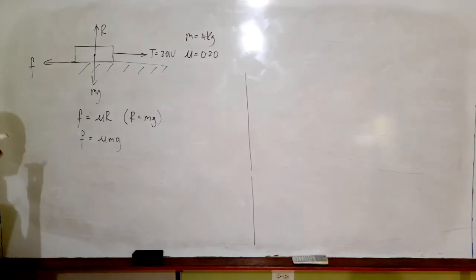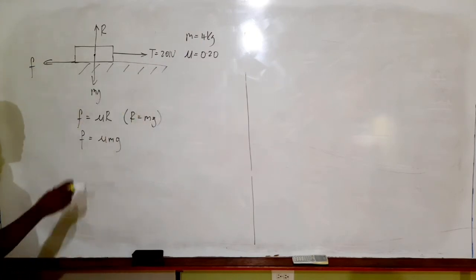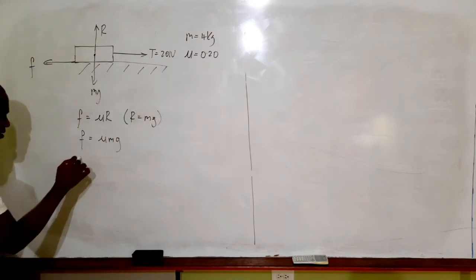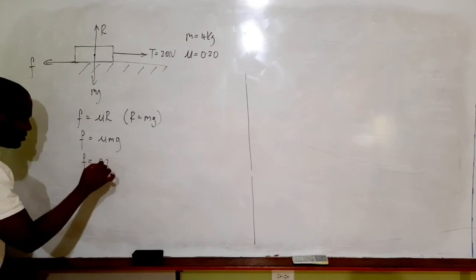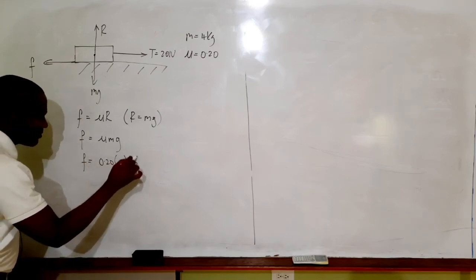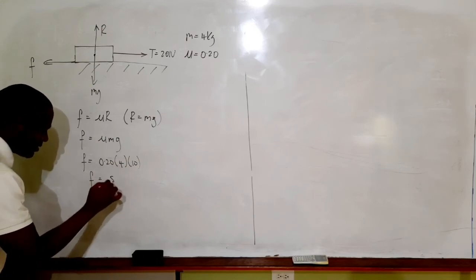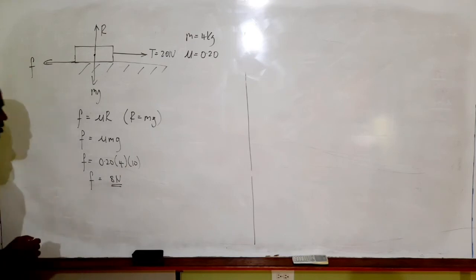Since we know the value of mu and the mass, we can calculate the frictional force. So F is equal to 0.2 times 4 times 10, and therefore F is equal to 8 newtons.